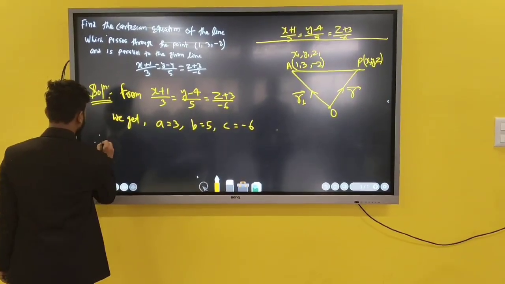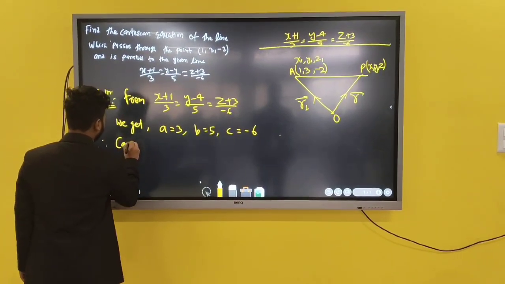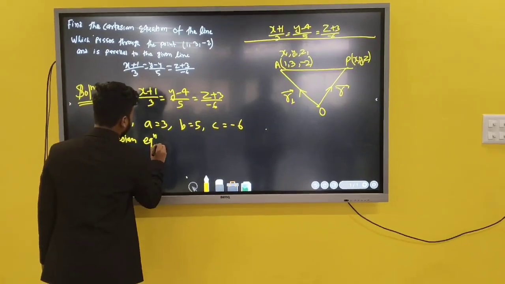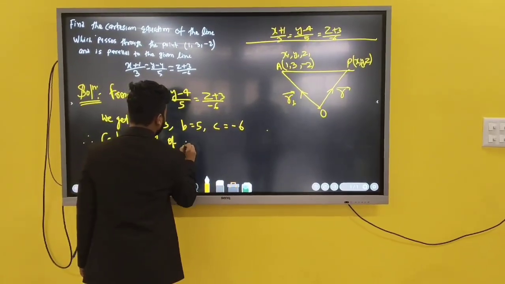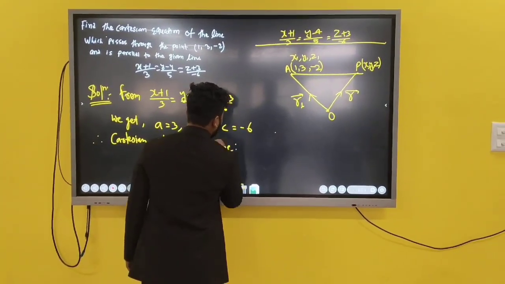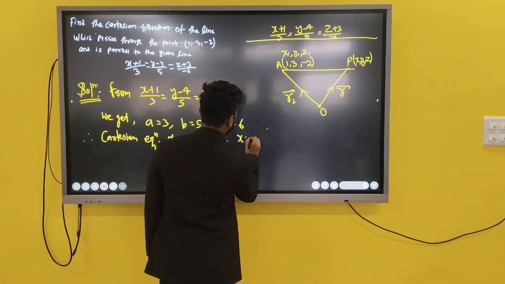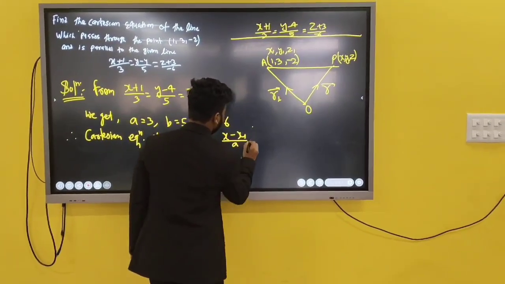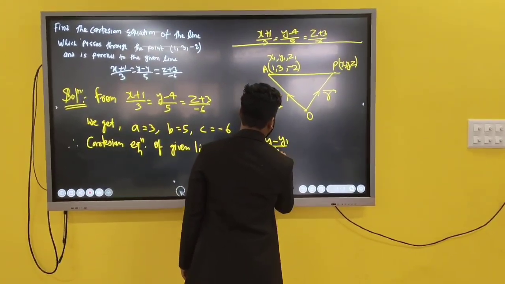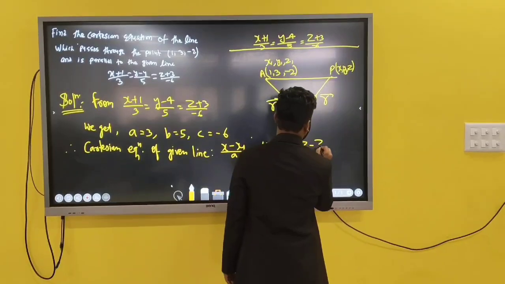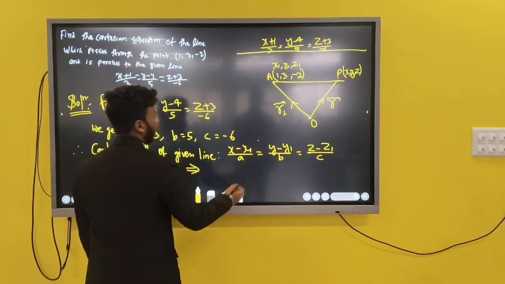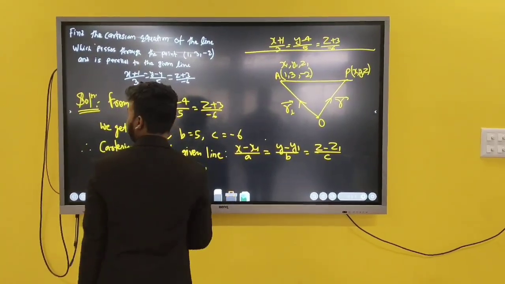The Cartesian equation of the line is (x-x1)/a = (y-y1)/b = (z-z1)/c. Now we can directly put in the values of x1, y1, z1 and a, b, c.